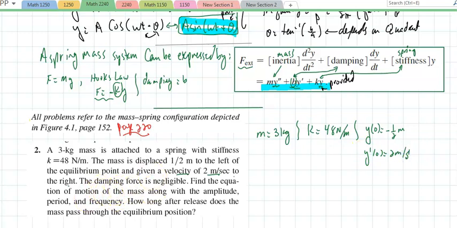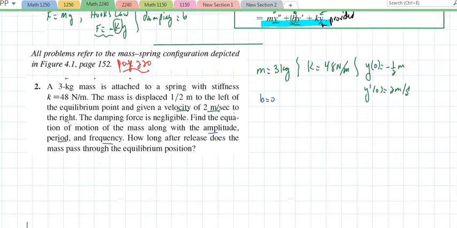The damping force is negligible, meaning the damping force is 0. Find the equation of the motion of the mass along with the amplitude, period, and frequency. How long after release does the mass pass through the equilibrium position?